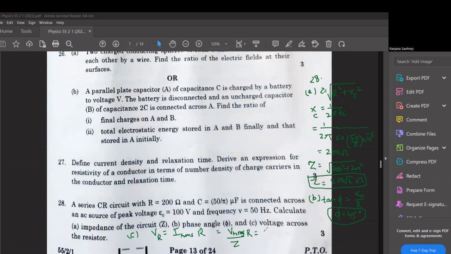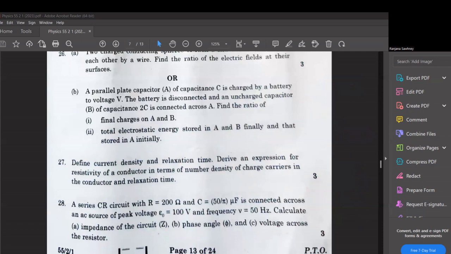So VRMS will be equal to V naught upon root 2, V naught is 100 upon root 2. This is VRMS into R. R here is 200 ohms and Z here is equal to 200 into root 2. So on simplifying it, we get 50 volts. Hence, the voltage across the resistor is 50 volts.